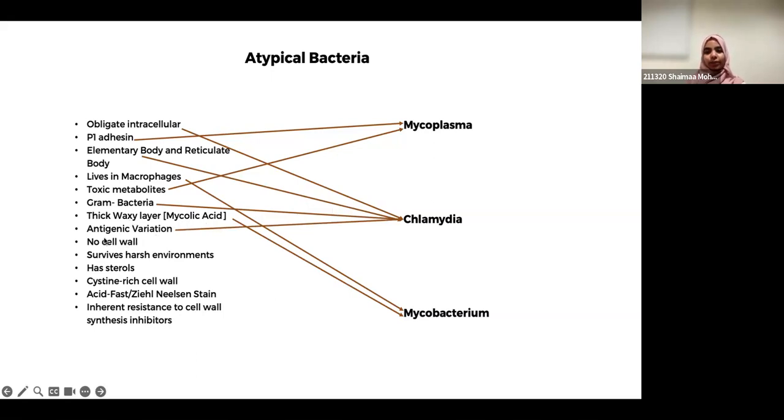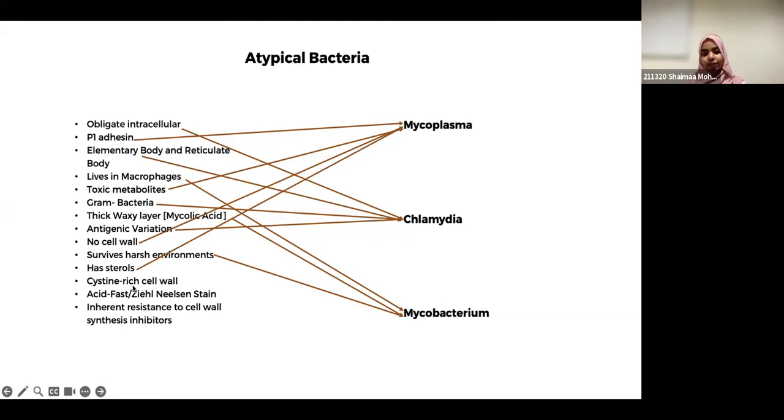Which one has no cell wall? Mycoplasma, perfect. Which one can survive in harsh environments? Mycobacterium. Perfect. Which one has sterols? Usually bacteria lack sterols, but which one has sterols? Mycoplasma, yeah. No cell wall, but has sterols.